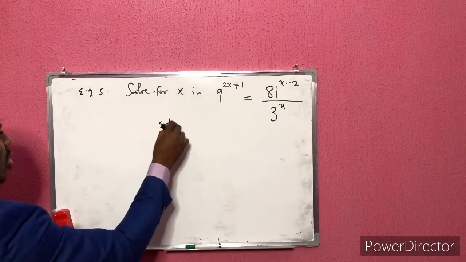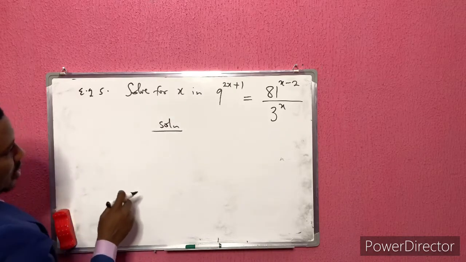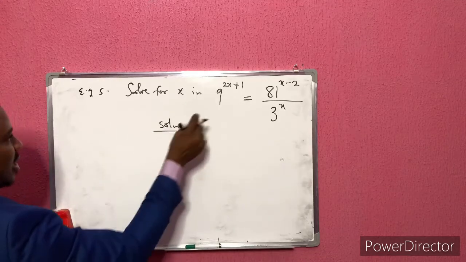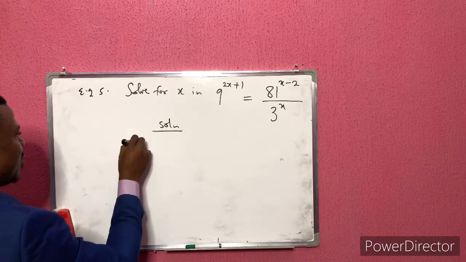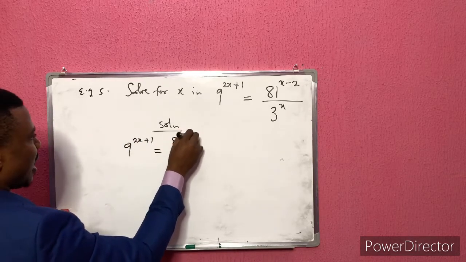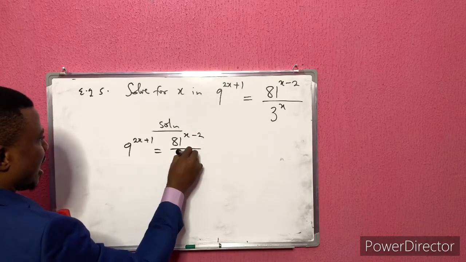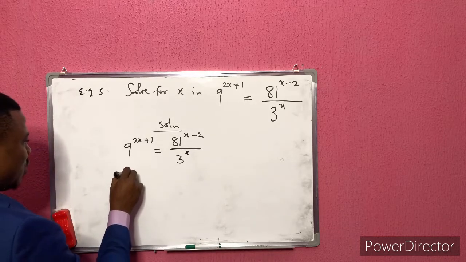Solving this one, 9 power 2x plus 1 equals 81 power x minus 2 all over 3 power x. 9 is 3 power 2.